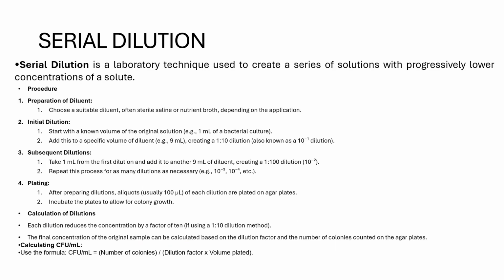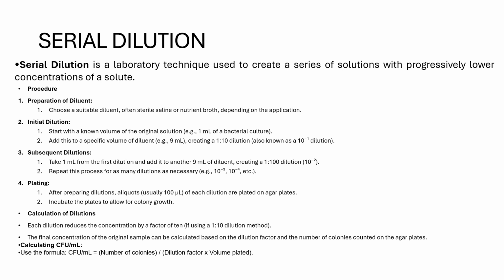Next is serial dilution. Actually, bacteria or microorganisms multiply very fast, and they are present in a very high number, like 10 to the power 6 log cycle, or 12 log cycles.